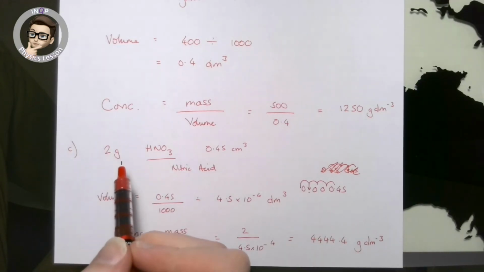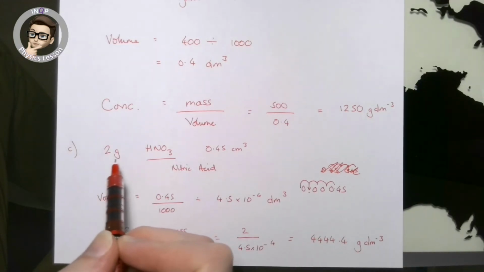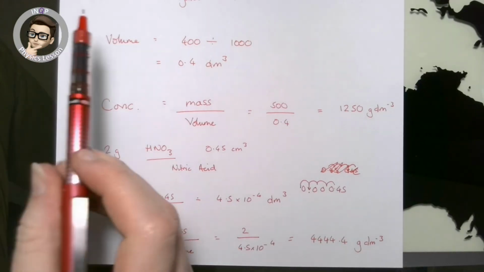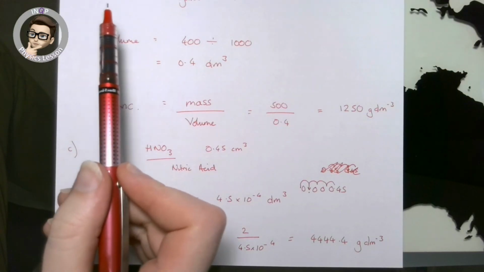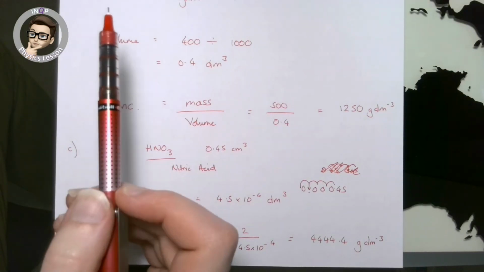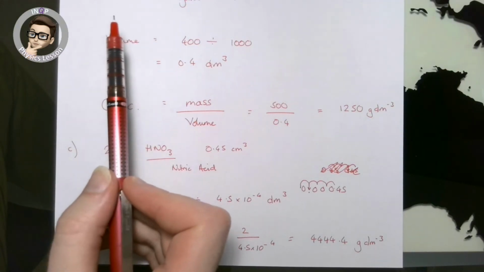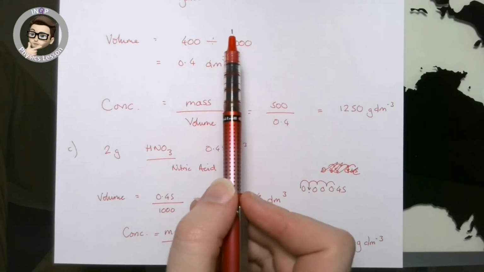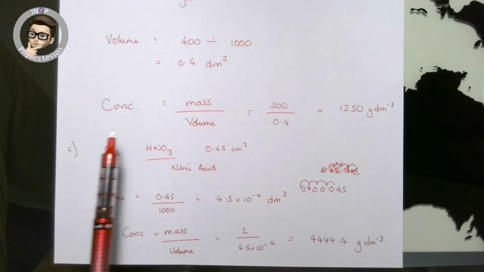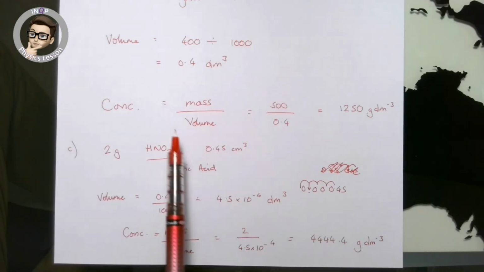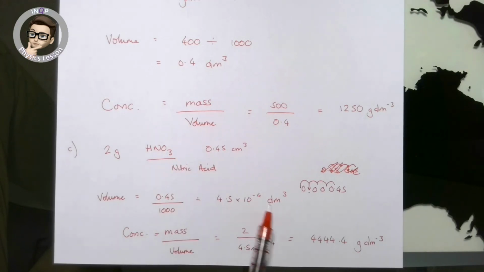Well, it was a surprise because it had the lowest amount of mass going in, and what you probably would have thought was that the 500 one was going to have the highest concentration because you're putting the most mass in, but actually you're putting the most mass into the most water. Here you're putting the least mass out of all of them, but into a much smaller volume of water. Therefore, the concentration is higher.